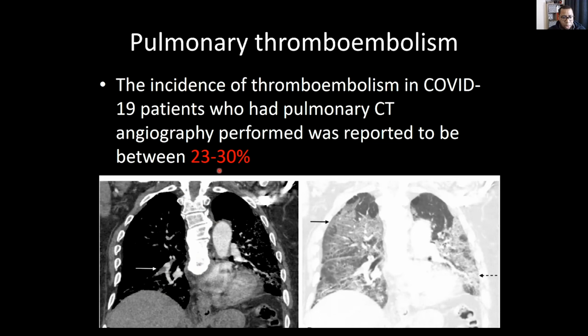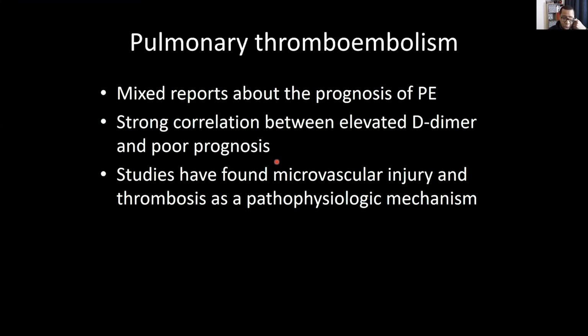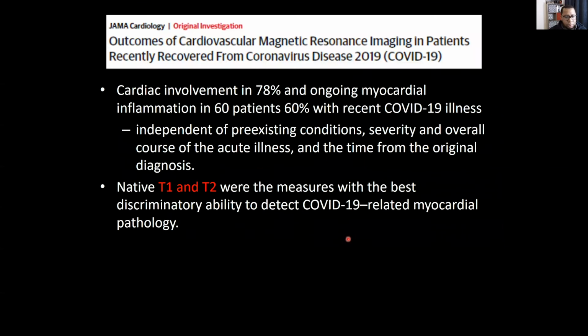And they've been reported in almost a third of patients with COVID in some series. There's mixed reports about the prognosis of PE, right? Because it's part of the pathophysiology of COVID-19. However, a strong correlation between elevated D dimers and poor prognosis has been found. And like I mentioned earlier on, studies have found a microvascular injury and thrombosis as a pathophysiologic mechanism.